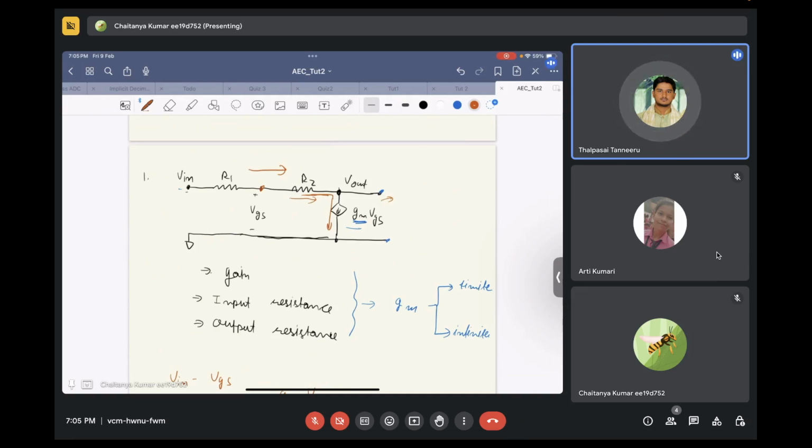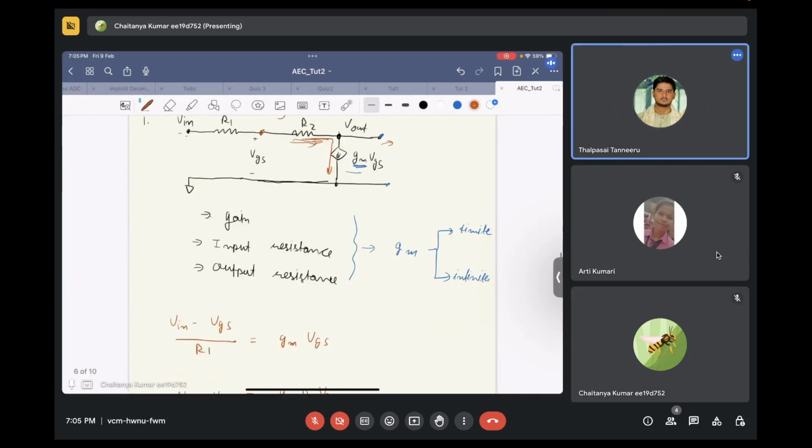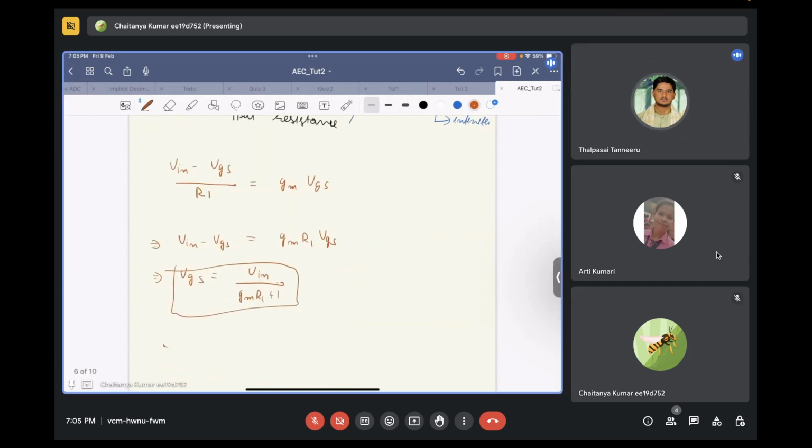What is the current flowing through R2? gm into VGS, sir. So what is the voltage drop across this? gm into VGS into R2, sir. So what is Vout then?